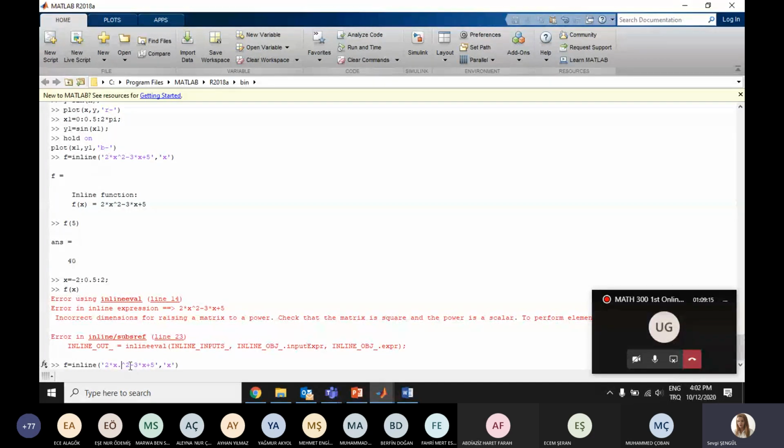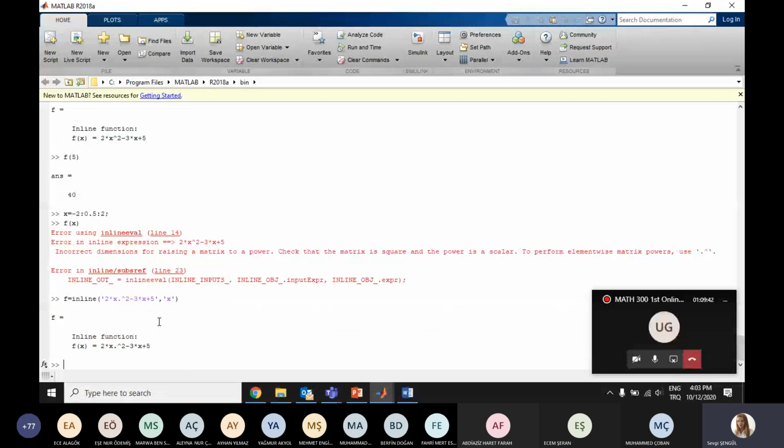You cannot multiply one vector with another as long as the sizes do not match. 3 times x does not give a problem. 5 does not give a problem. But if you think of element-wise calculations, you need to put a dot before the sign of your calculation. Before the square, before the multiplication, before the division, put dots. This is so important.